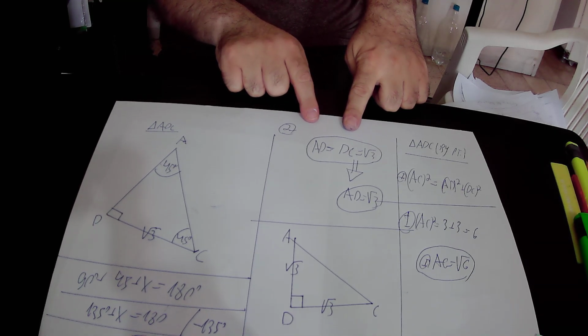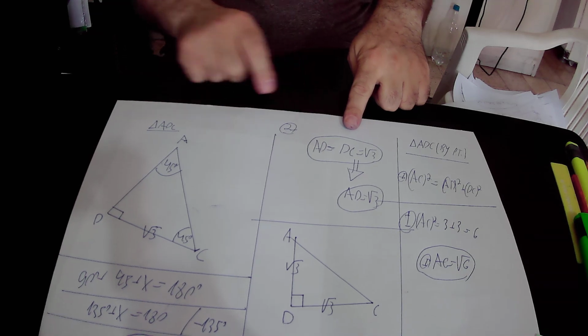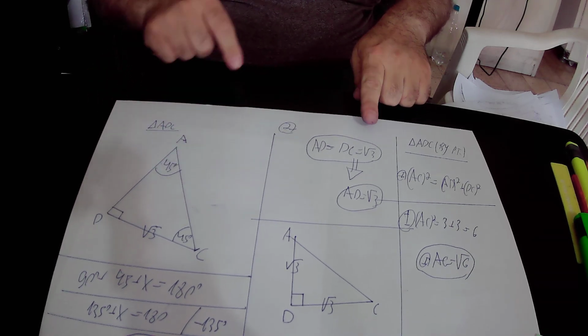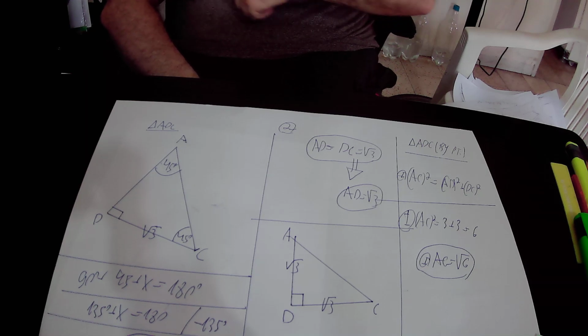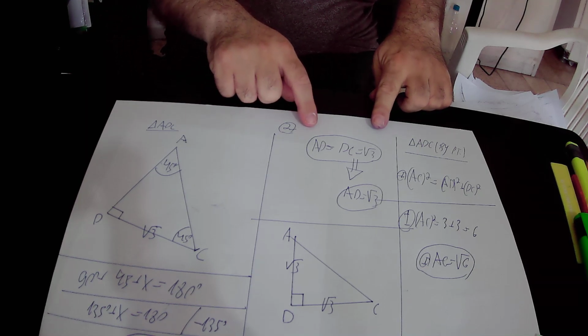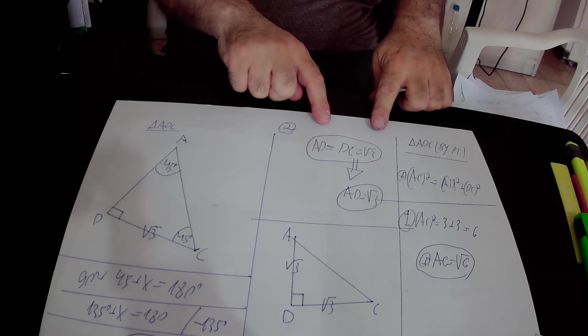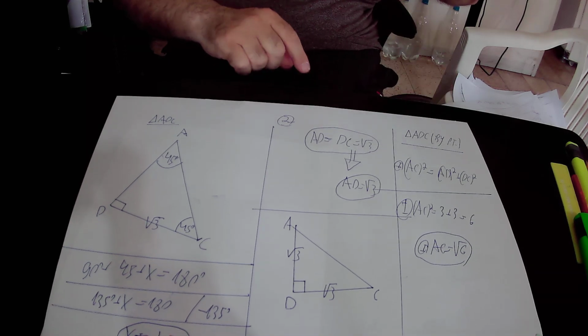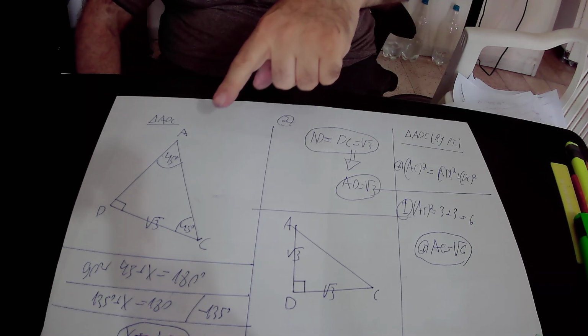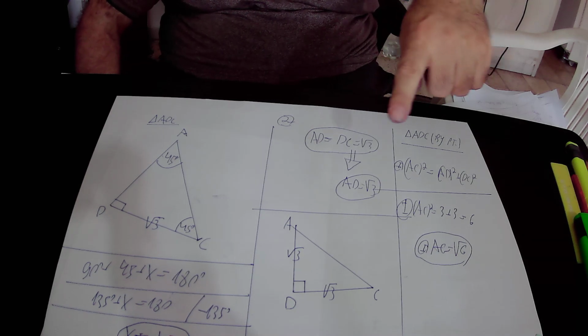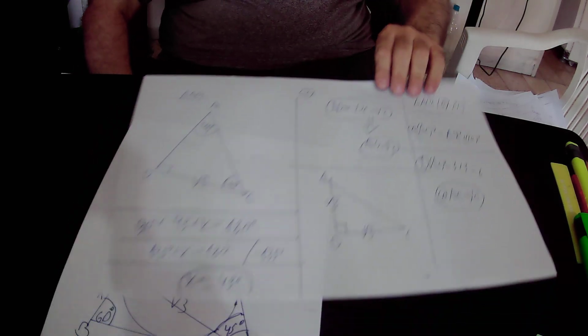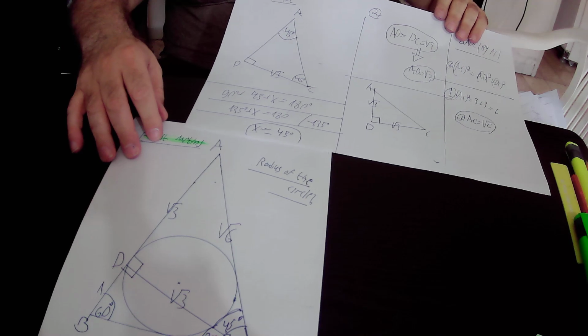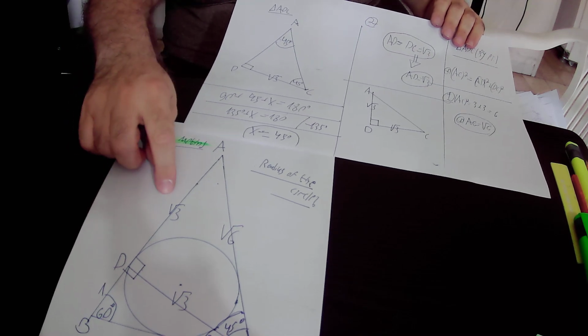That is to say, AD must equal DC. But we have already found that DC equals square root of 3 units. So AD is also equal to square root of 3 units. Here we can write down that AD equals square root of 3 units.